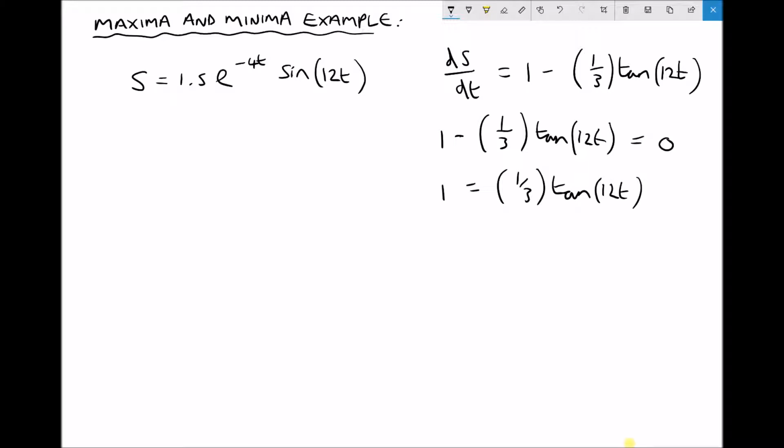And then let's multiply each side by 3. So we end up with 3 equals tan 12t. Recall that we're trying to find t, so I'm going to take tan to the minus 1 of each side. I'm going to get 12t equals tan to the minus 1 of 3, and my last step will be to divide each side by 12.